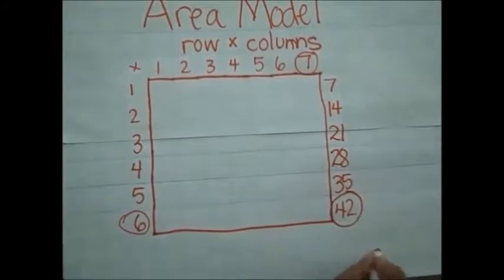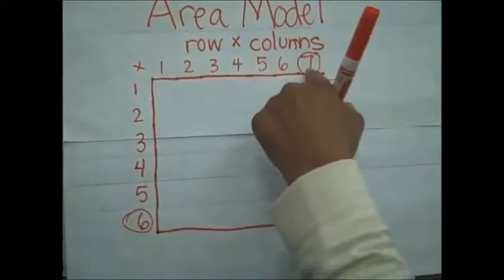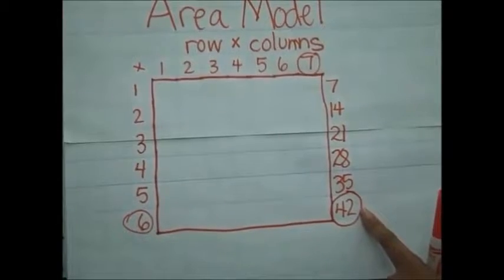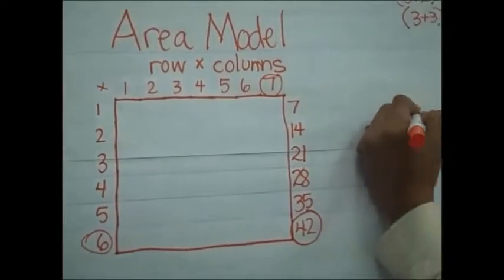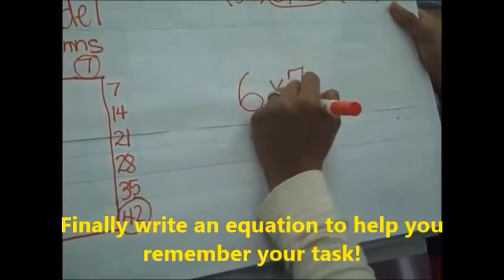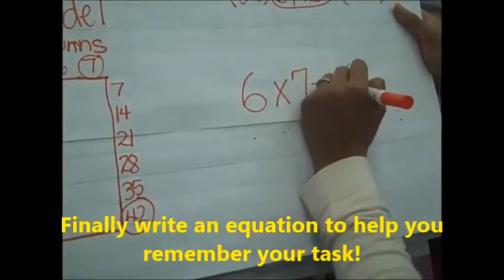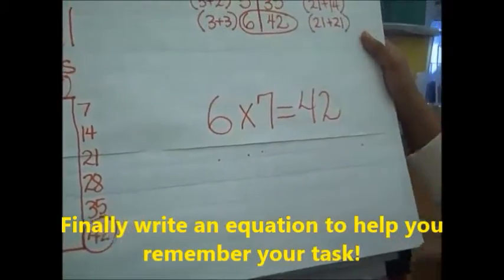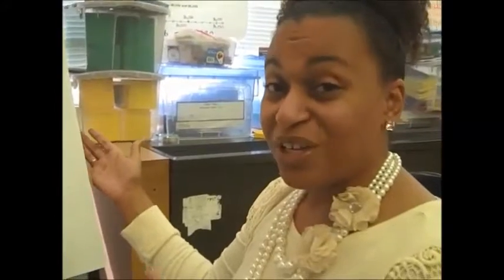So my product of 6 times 7 is equal to 42. And lastly, I'll write an equation just to remember that I was solving for 6 times 7, which gave me a product of 42. And there you have multiple ways that we could solve this one problem with multiplication. So it's your turn.